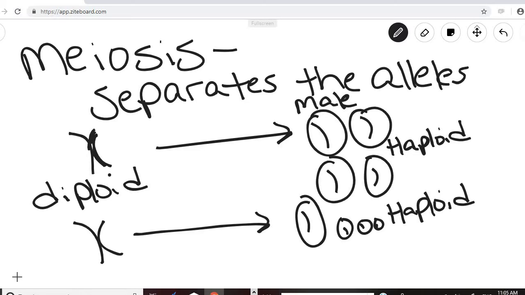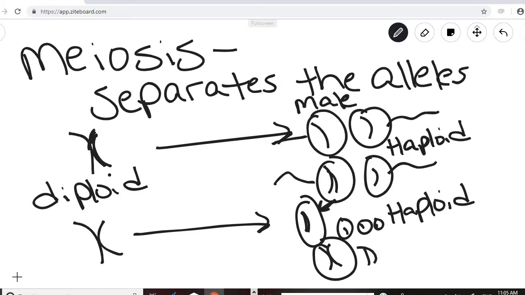So then when fertilization takes place, we'll give these a tail, so they're sperm. When one of these sperm fertilizes this egg, then what do you see? One of the alleles comes from the father, one of the alleles comes from the mother, and you're back to having a diploid cell.